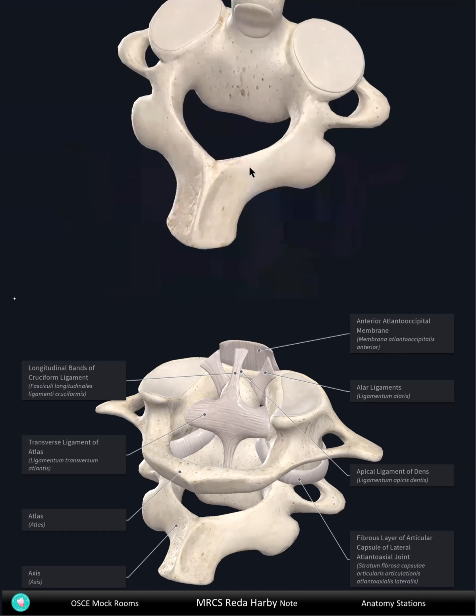Again, the atlanto-axial joints are formed between the masses of the atlas and the axis, and they are gliding joints. So they are a complex synovial joint, allowing the movement or rotation of the neck. And they are pivot joints.